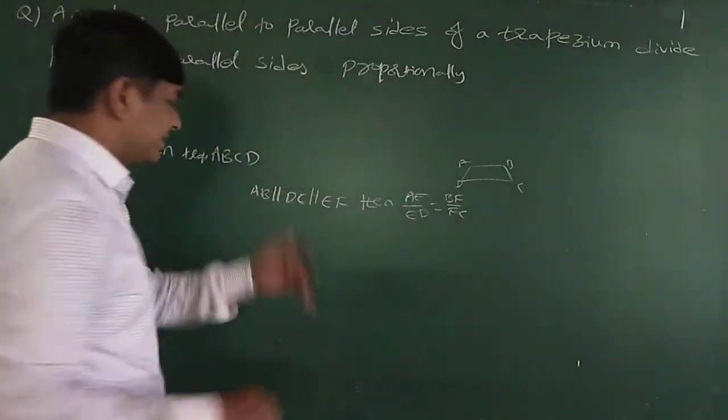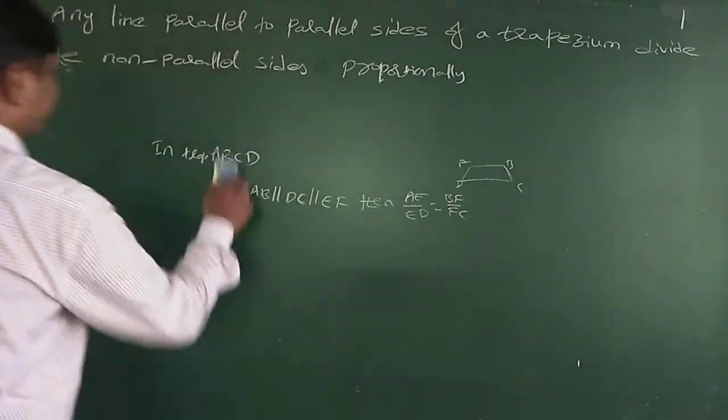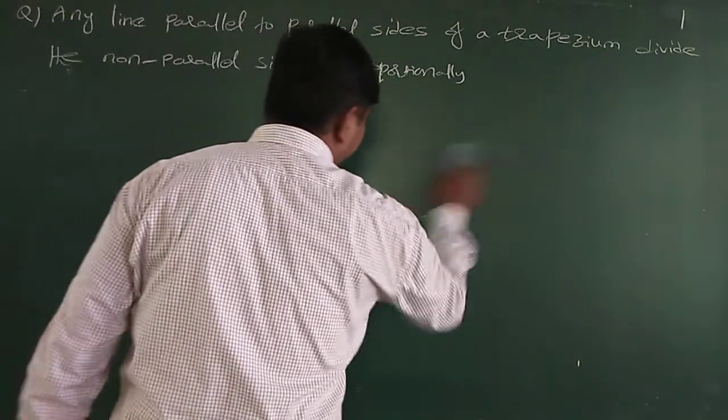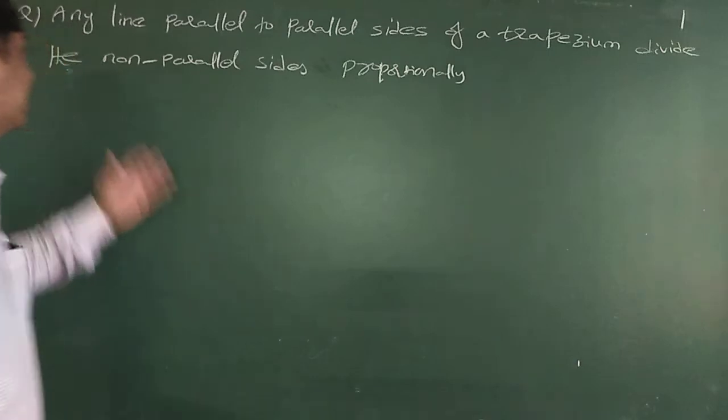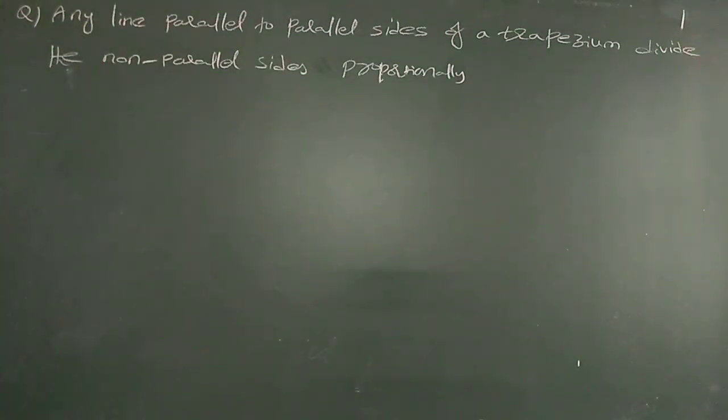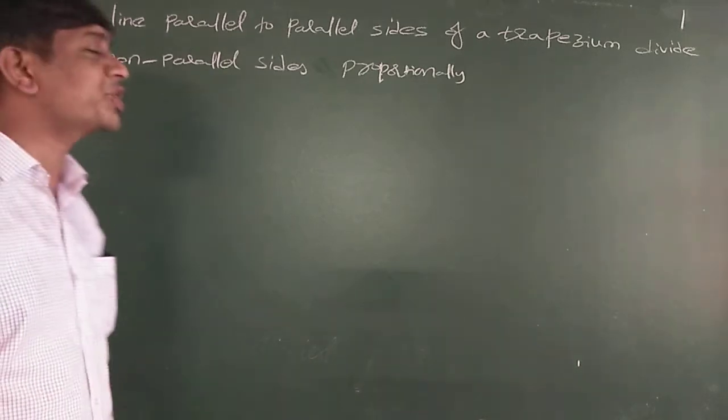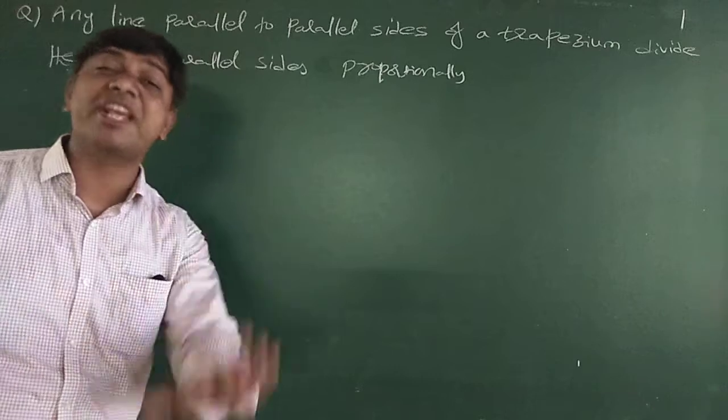They may ask like this in words also. Or if they give a figure like this, they may ask. Or else like this: any line parallel to the parallel sides of a trapezium divides the non-parallel sides proportionally or in the same ratio.